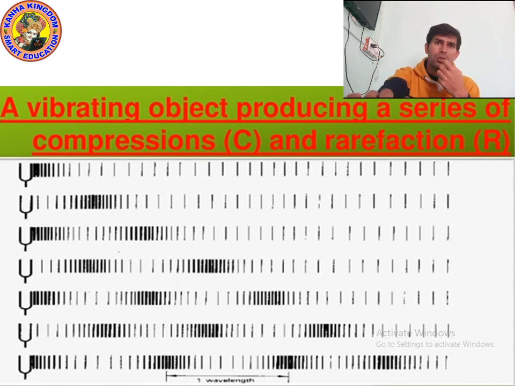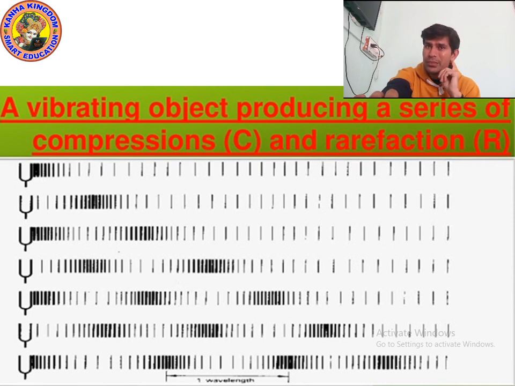Remember kids, air is the most common medium through which sound travels. When a vibrating object moves forward, it pushes and compresses the air, forming a high pressure region called compression.